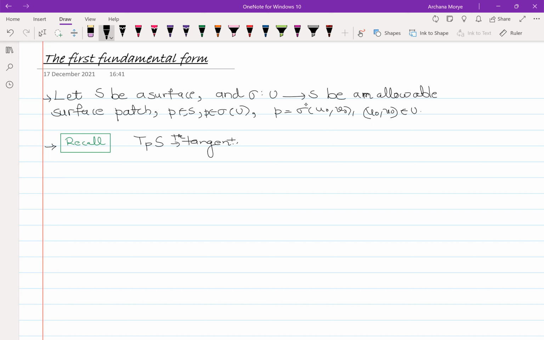Sigma U and sigma V. Right. Sorry, tangent plane. Whenever we are talking about sigma U at a point (u naught, v naught), let us say it, because sigma U is actually a function. Right? Yes, ma'am. Okay, right. Anyway, I'm also going to drop this notation, but let us first write it. These two vectors form a basis for this tangent space.